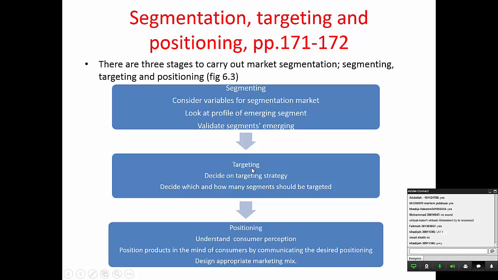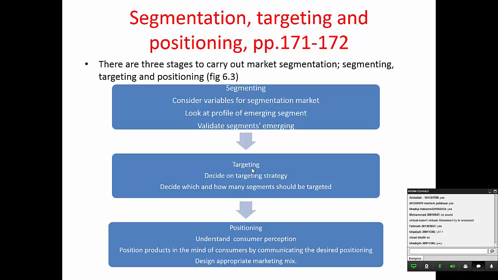The targeting means to decide which group or which segment is more profitable to the company, in order to focus on this group and give them, for example, sales promotions, discounts and so on. Try to make some advertising to this group of customers, which is the segment that we are targeting. It might be that we assign one or two groups in the market, or more.